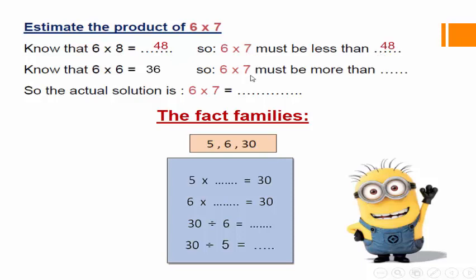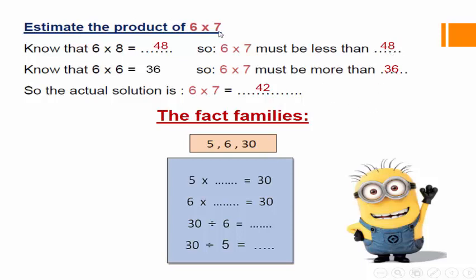And we have 6 times 6 equals 36. 6 times 7 must be more than 36, because 7 is more than 6. The actual solution is located between 36 and 48. And you know that 6 times 7 equals 42. Yes, it's really located between 36 and 48.